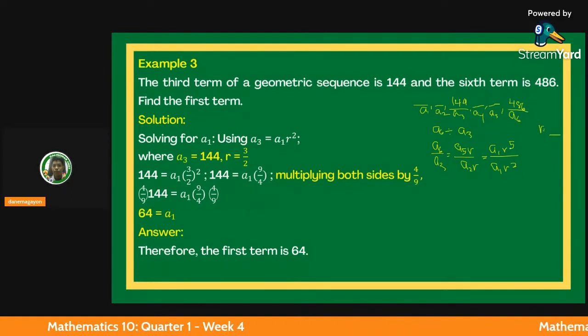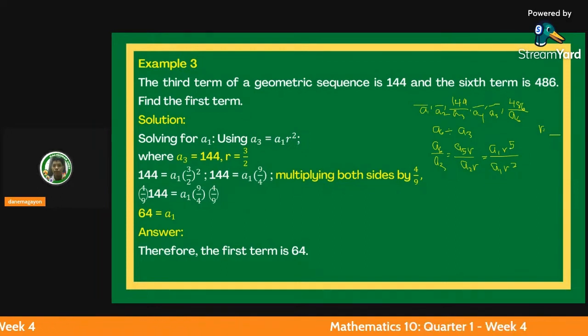So to solve for A sub 6 aside with A sub 5 times R, you may use A sub 1 times R raised to n minus 1 or 6 minus 1. So we have 5. Sa baba naman, we have A sub 3 or equal to A sub 2 times R, or we have A sub 1 raised to n minus 1 or 3 minus 1. So we have R raised to 2.